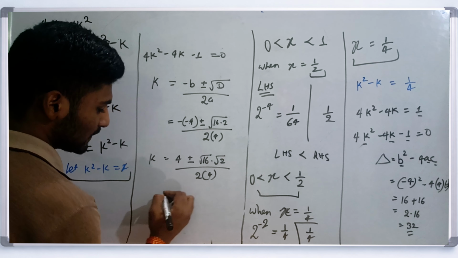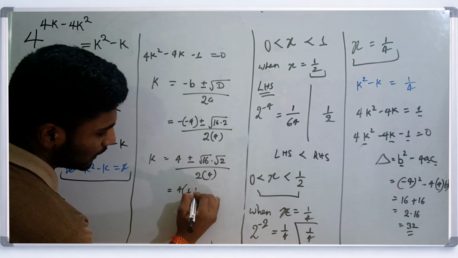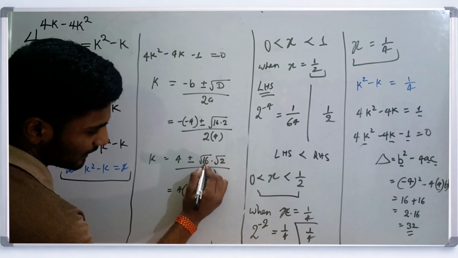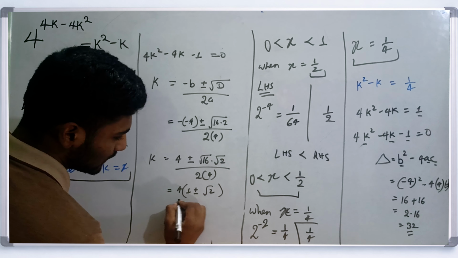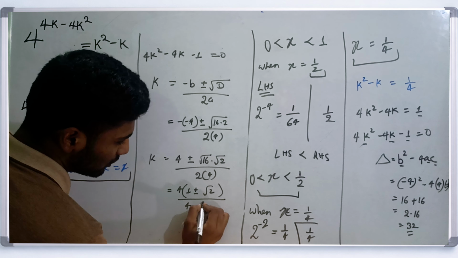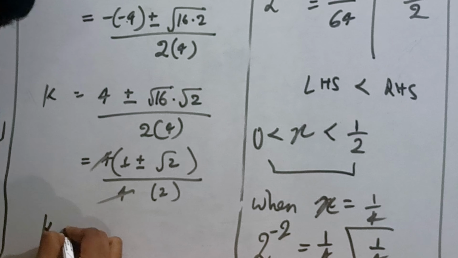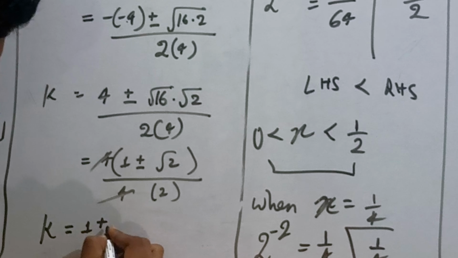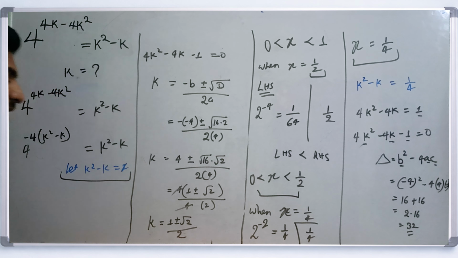And when we take 4 common here, we get 1 plus minus root 2, and from the denominator also we have taken 4 common, so here 2, and this 4 over 4 cancel out. So we are going to get k is equal to 1 plus minus root 2 over 2, and here we have won our battle.